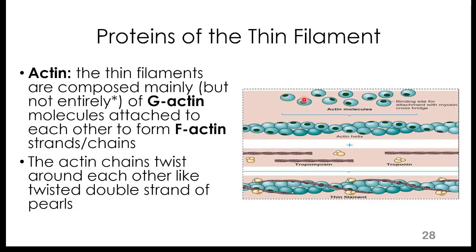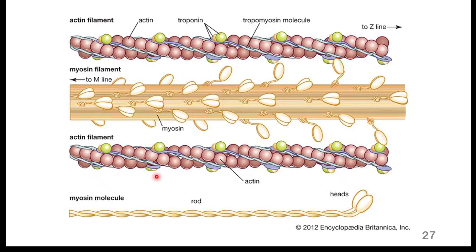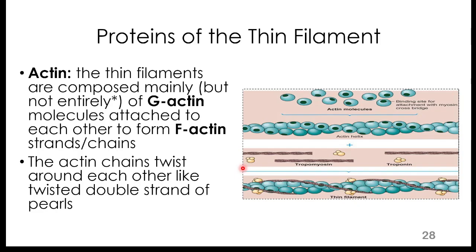We can see actin molecules which attach to each other to form actin strands or chains. And the actin chains twist around each other like a twisted double strand of pearls. Right. So we can see the way they twist around each other, and that was what was illustrated here too. They twist and twist and twist around each other.